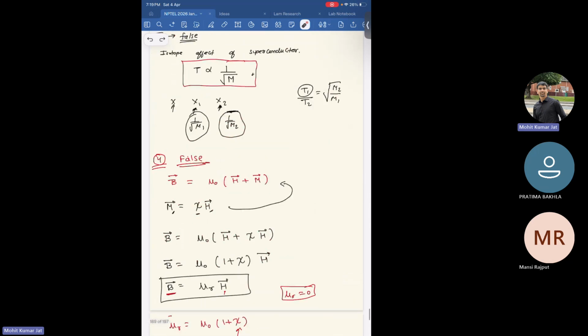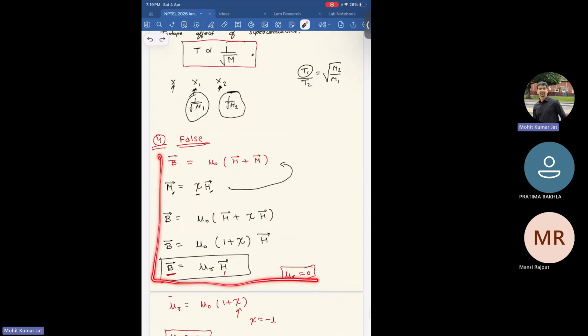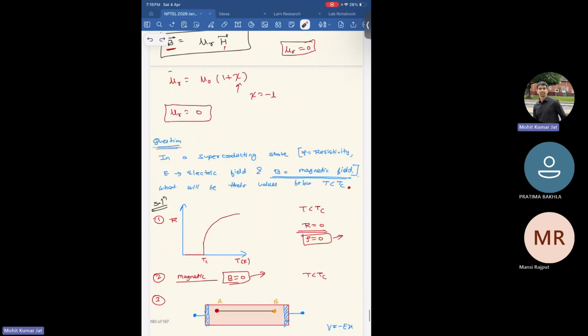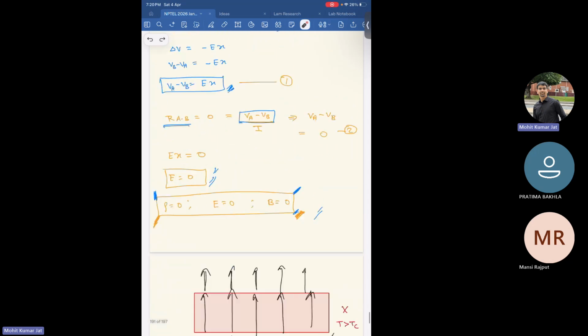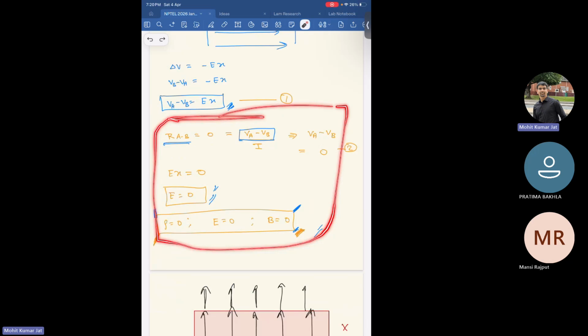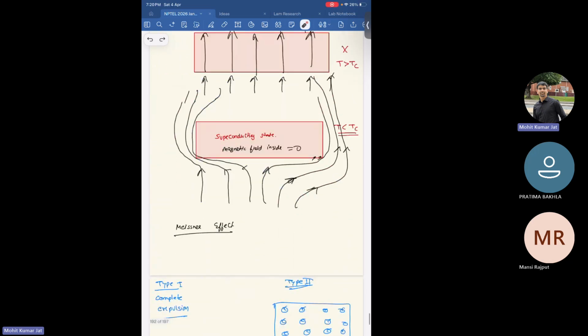This is something we derived in this section. Then moving forward, we derived the electric field, the magnetic field, and the resistivity relation inside a superconductor, right? Using this relation, we proved that rho equal to 0, E equal to 0, and B equal to 0 in a superconductor.